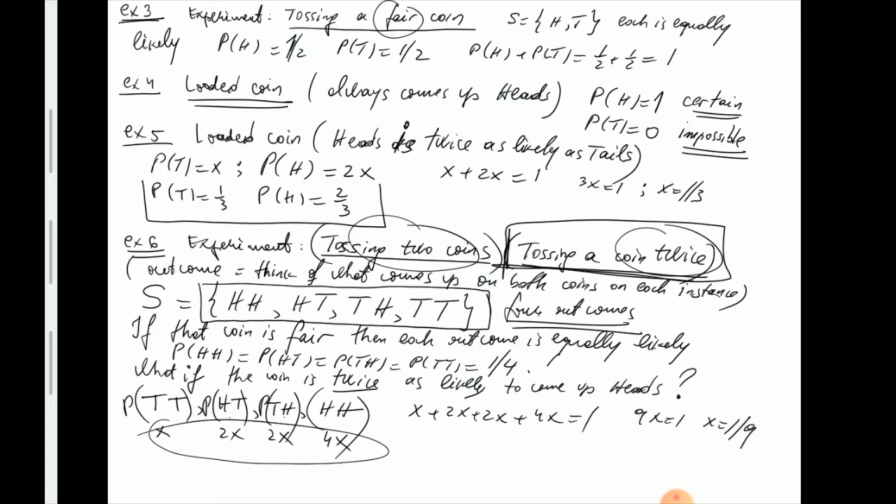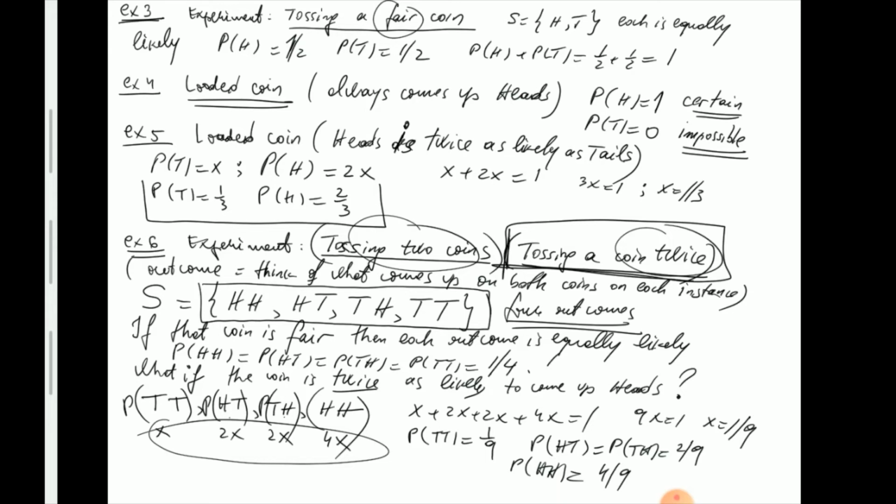So in this loaded coin, the probability of double tail is 1 over 9, the least likely outcome. The probability of 1 head and 1 tail is going to be twice as likely, which is 2 over 9, 2 times x. And the probability of 2 heads is going to be 4 over 9.